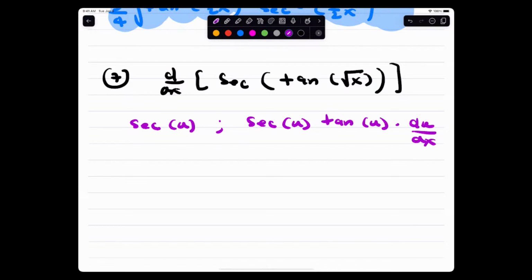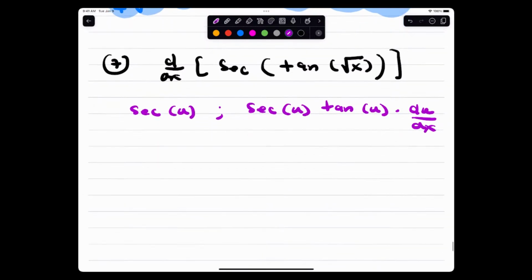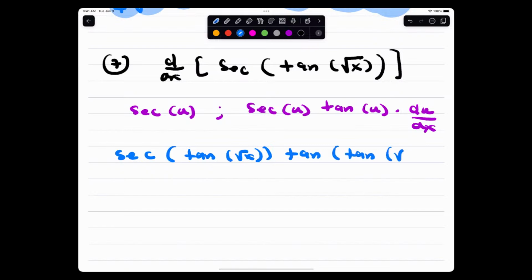Times du dx. So you say, is that secant tangent square root of x times tangent square root of x?